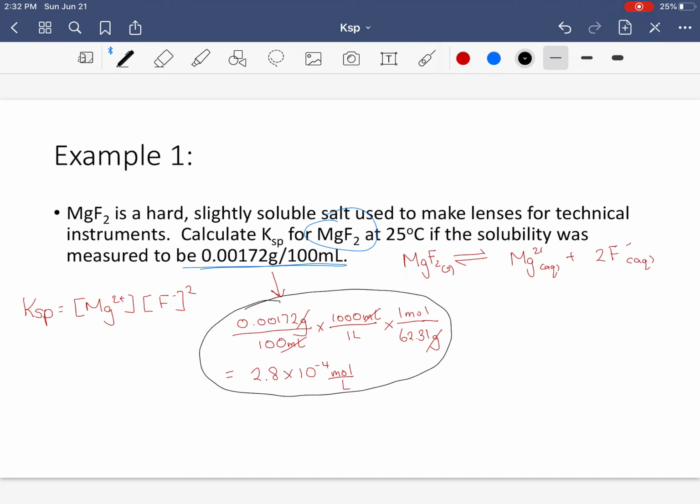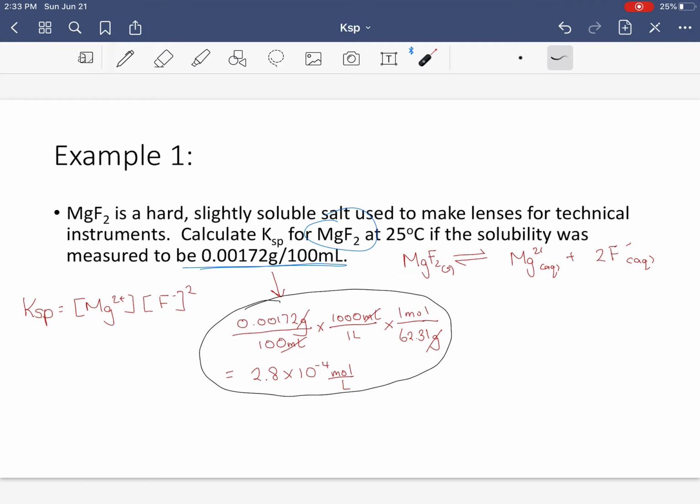So you now have the molarity of MgF2. Now, this is what you're going to do. You want to find the Ksp expression, right? So at equilibrium, this is what's being formed.